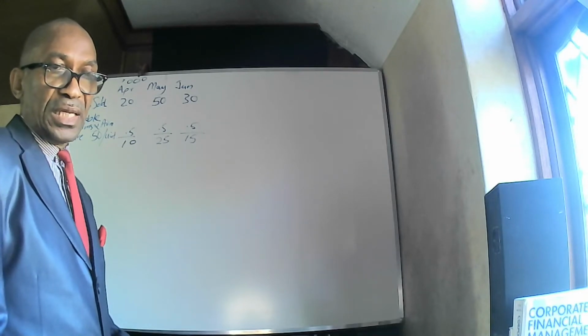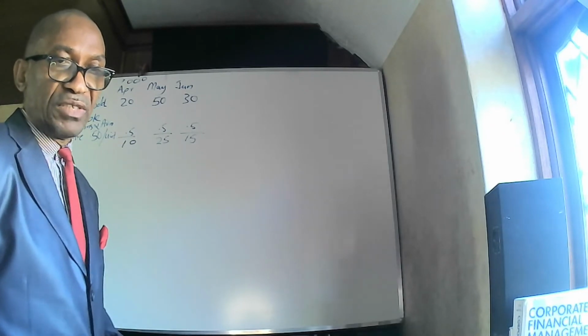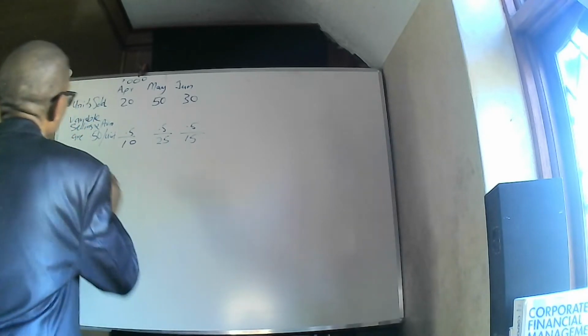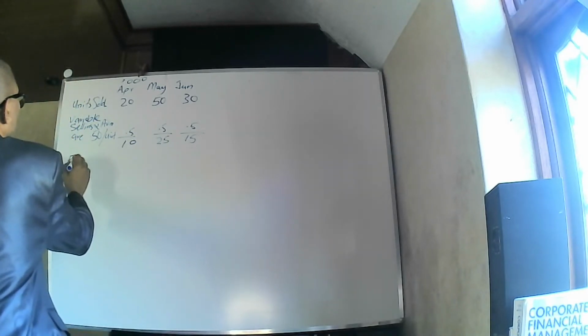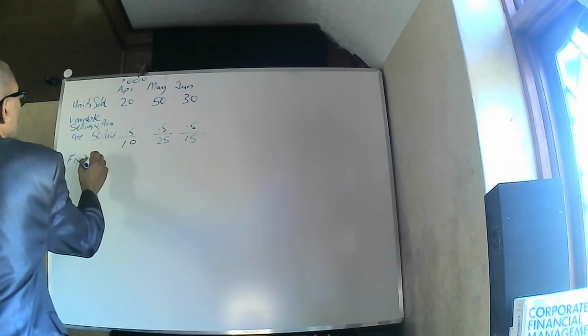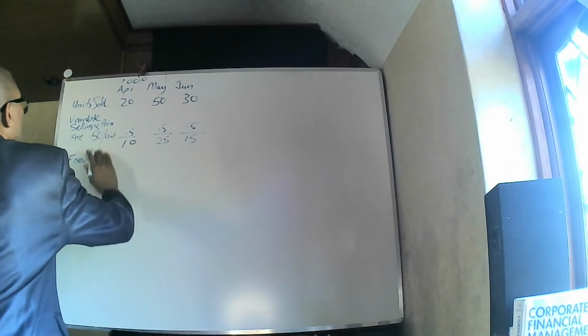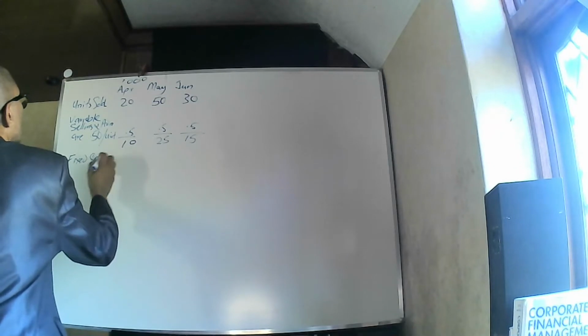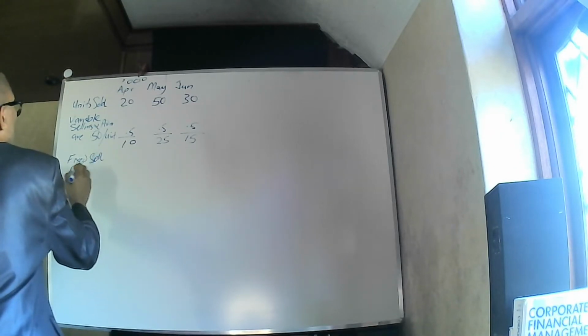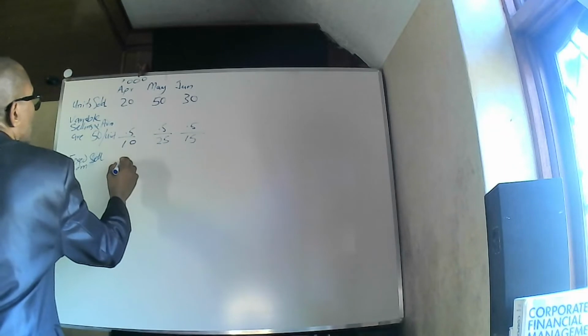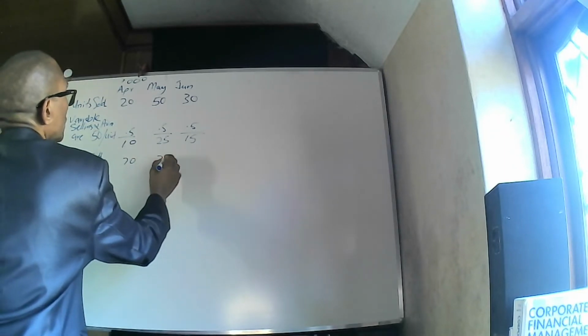Fixed selling and admin expenses are 70,000 per month. Now the fixed part of it, fixed selling admin, are 70,000 each month.